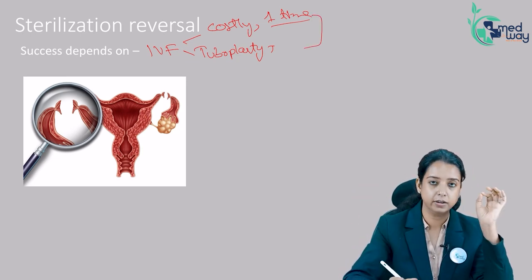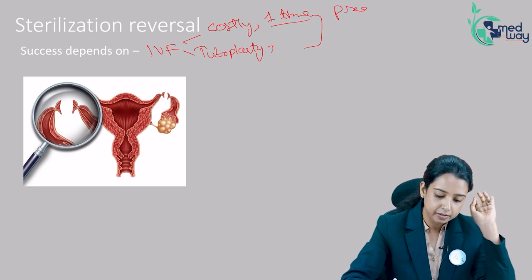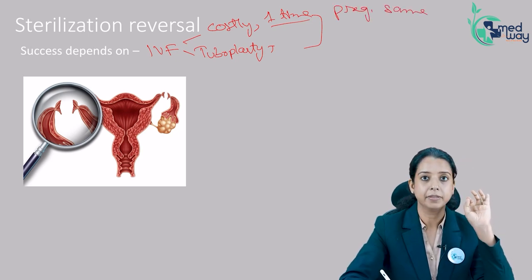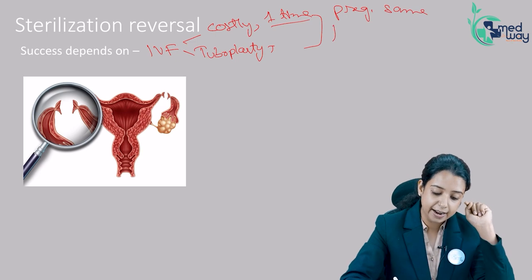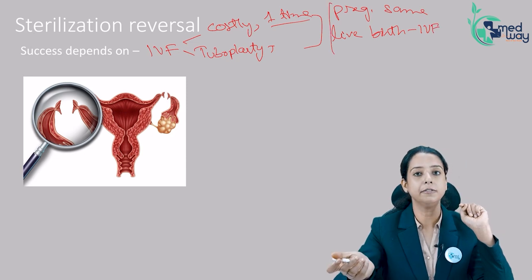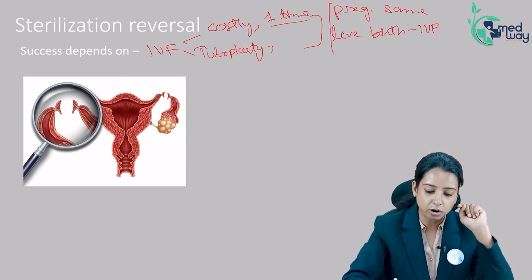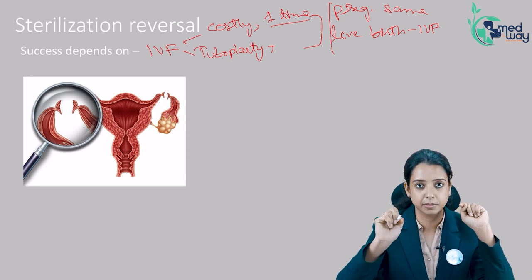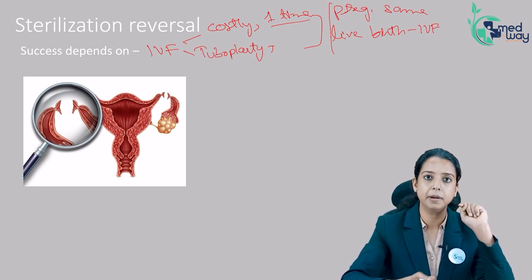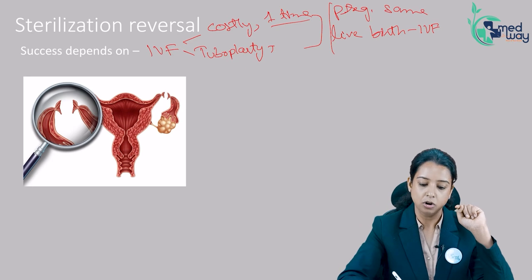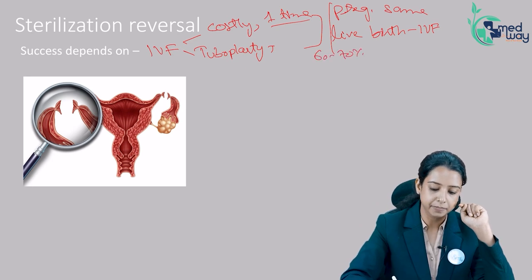The success rate for getting pregnant is the same for both. But the success rate for a live birth is more for IVF. What is the difference? Pregnancy does not mean that it will always end up in a live birth. The rate of becoming pregnant in both procedures is almost the same, 60 to 70%.